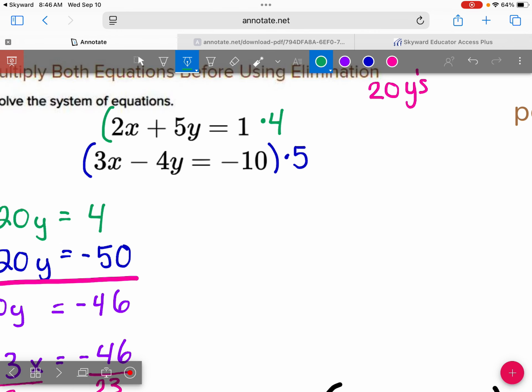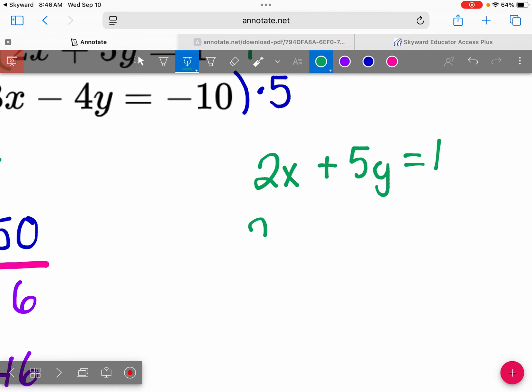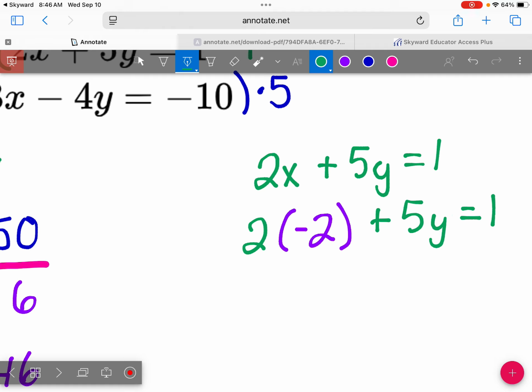What we're going to do is take our 2x plus 5y equals 1, and substitute in when x is negative 2. So we're going to look at our 2 times negative 2 plus 5y equals 1. There's a lot of pieces in these, just about keeping ourselves organized. So our 2 times negative 2, we can simplify that. It's going to give us a negative 4 plus 5y equals 1.